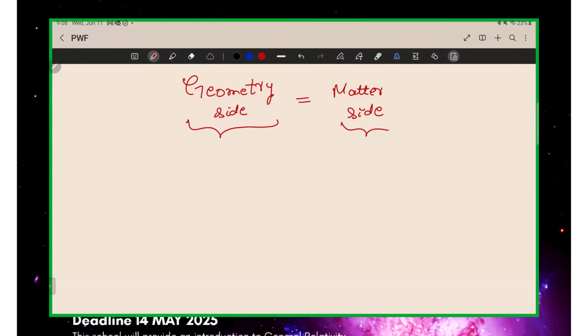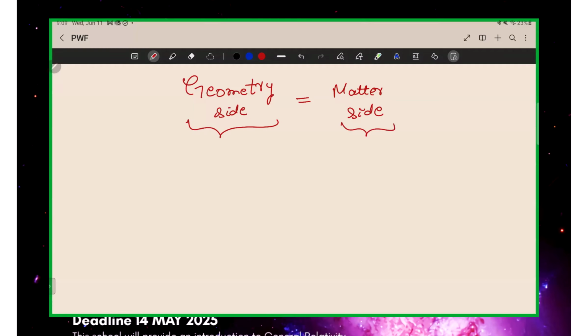It should be something like this: geometry side, whatever it is, equals matter side, right? In the previous lectures, you have pretty much covered what comes on the geometry side. In this lecture, we will try to cover what can come on the matter side.